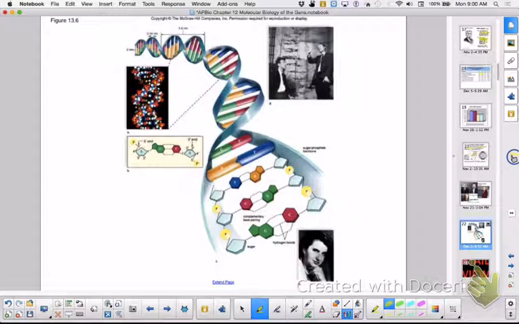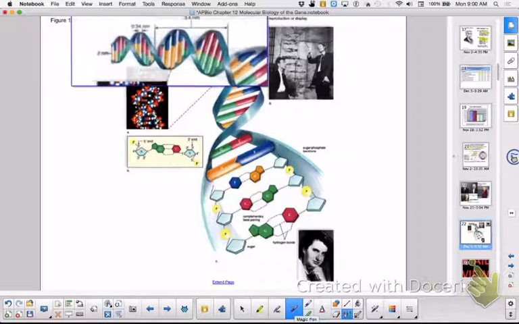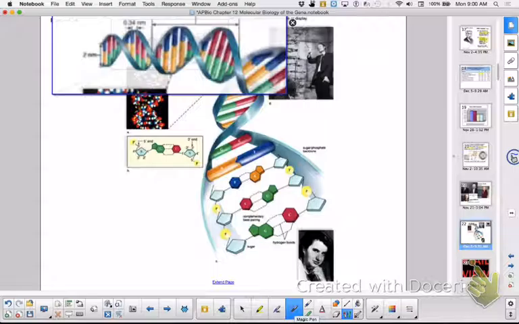Now, you can't see it very well, but you do have a picture of DNA in your group shared notes. You can see that twisted helix, and it is 2 nanometers in diameter.